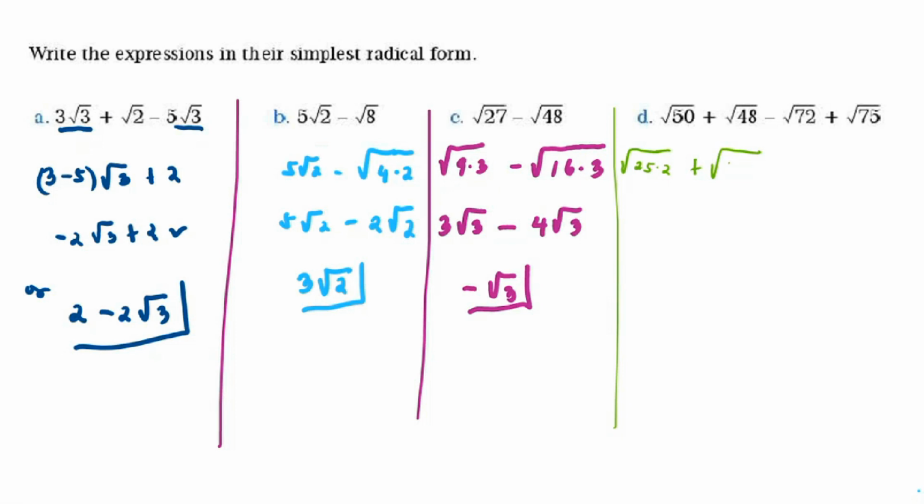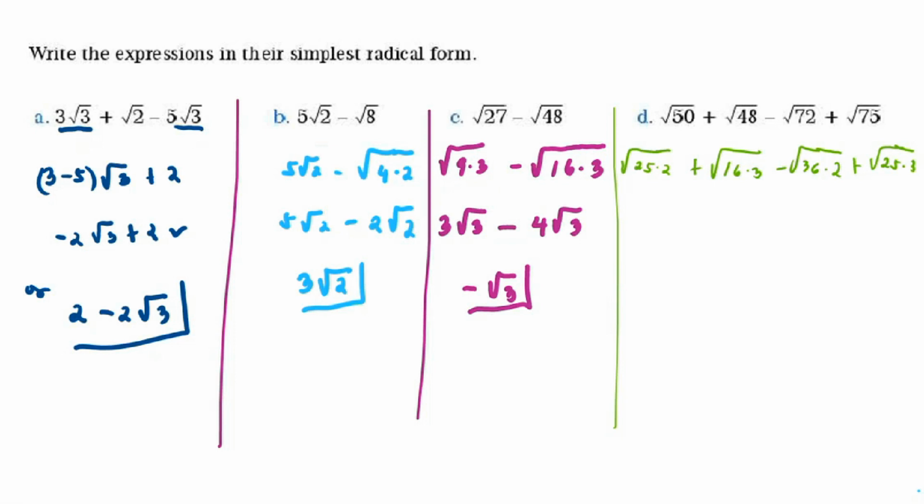We know it earlier. That is now 16 times 3 minus, what is the square root of 72? So we can write there 36 times 2. So we have 36 times 2 equals 72, plus the square root of 75 means 25 times 3.